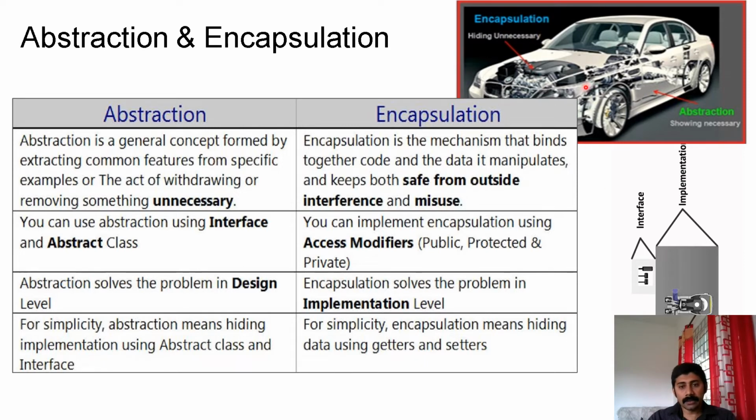In the case of the car example, using the bonnet you can hide and secure the engine and the associated components from the outside world. You are securing by means of providing an access protection. That is encapsulation. Abstraction is the way by which you are providing certain standard interfaces to the driver so that the car driver can operate the car by using these standard interfaces like accelerator, brake, clutch and gear knob. So one is all about showing the necessary things. Encapsulation is all about hiding the unnecessary complexity or the internal details by means of access protection.